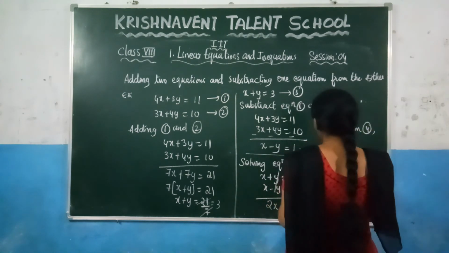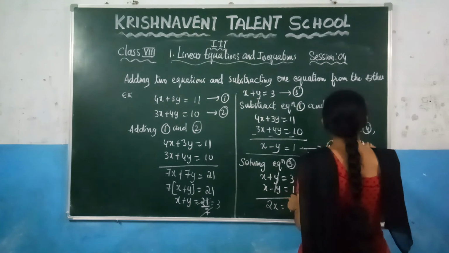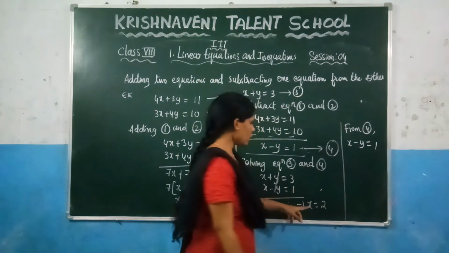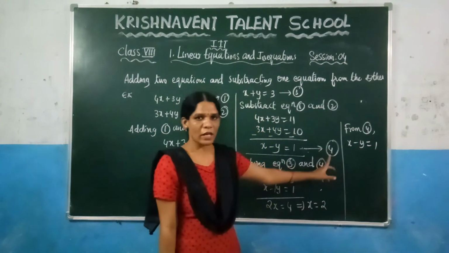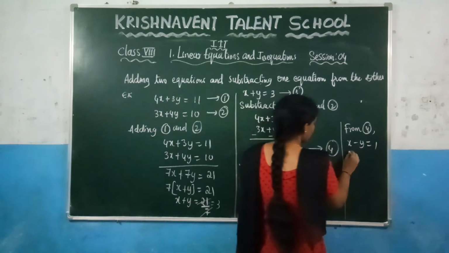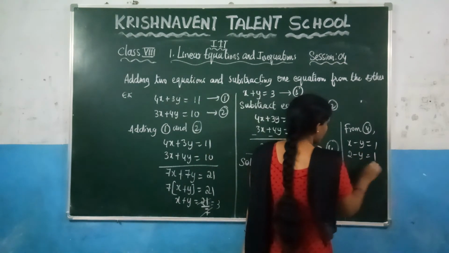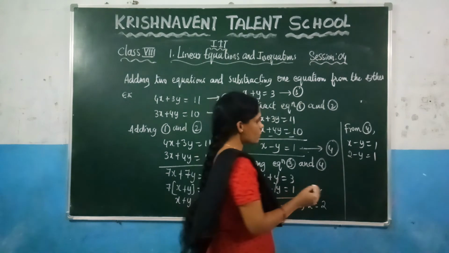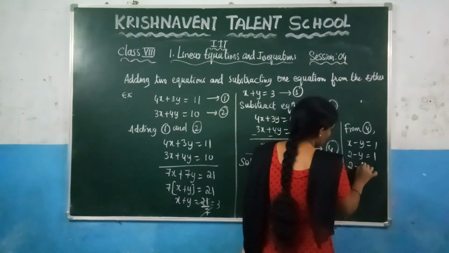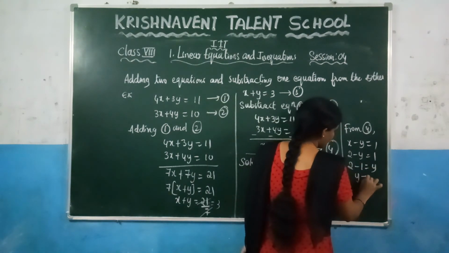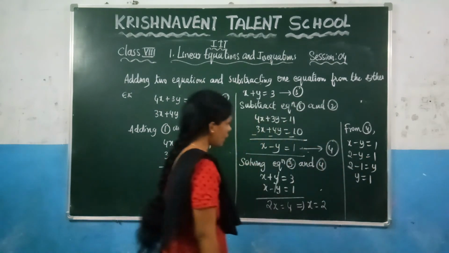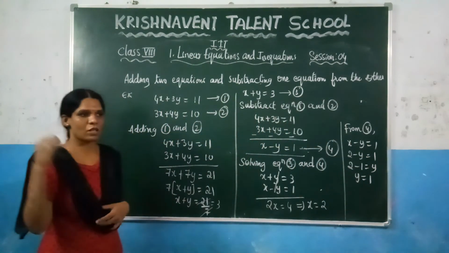What is equation 4? x minus y is equal to 1. Now we got the value of x, substitute the value of x here. So you will get 2 minus y is equal to 1. You can take the y value to the right hand side, and you will get the value of y as 1. Like this you need to solve the problem.